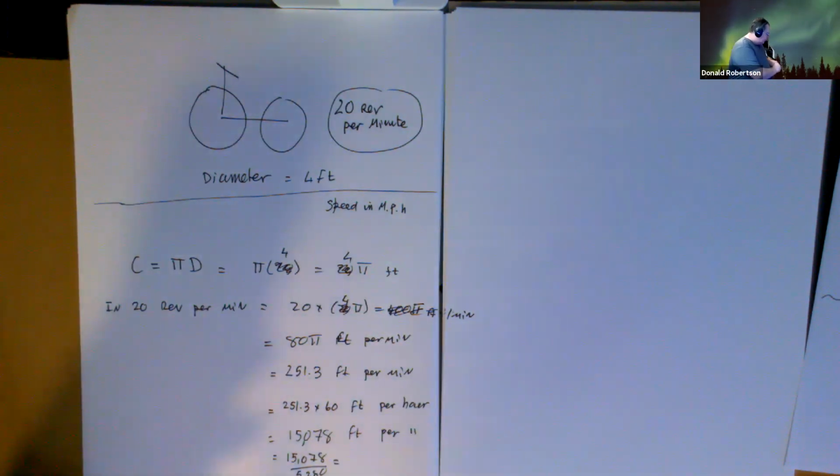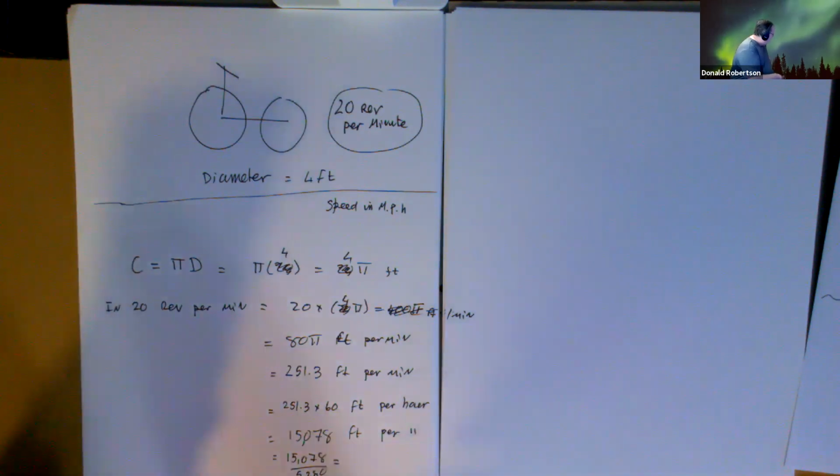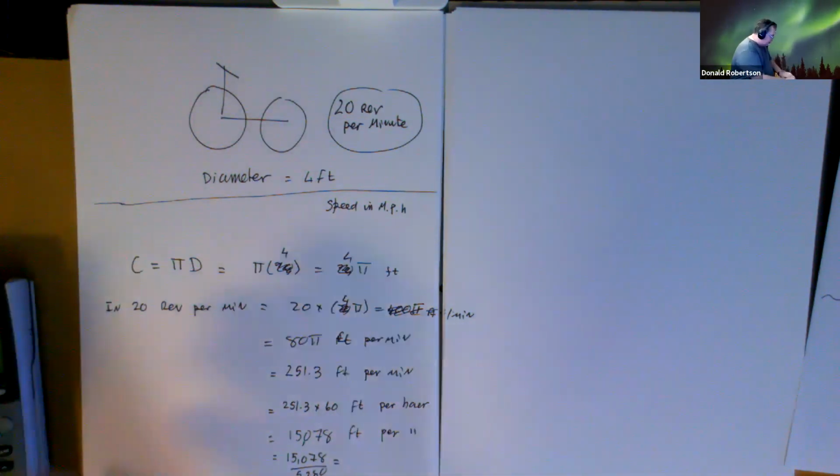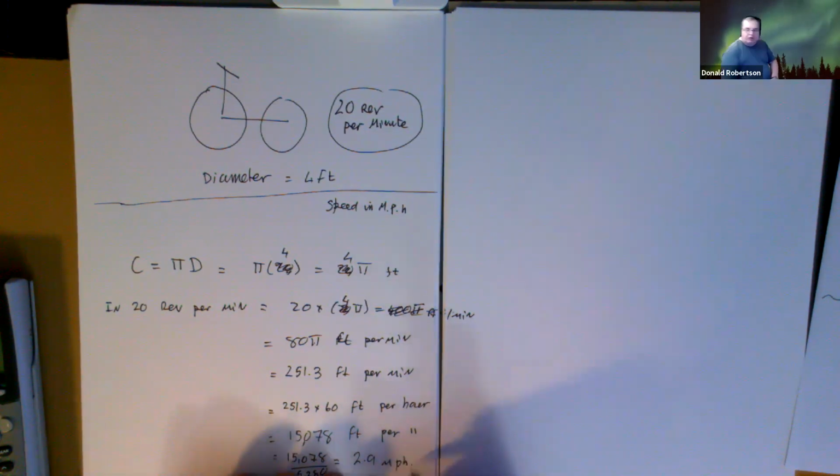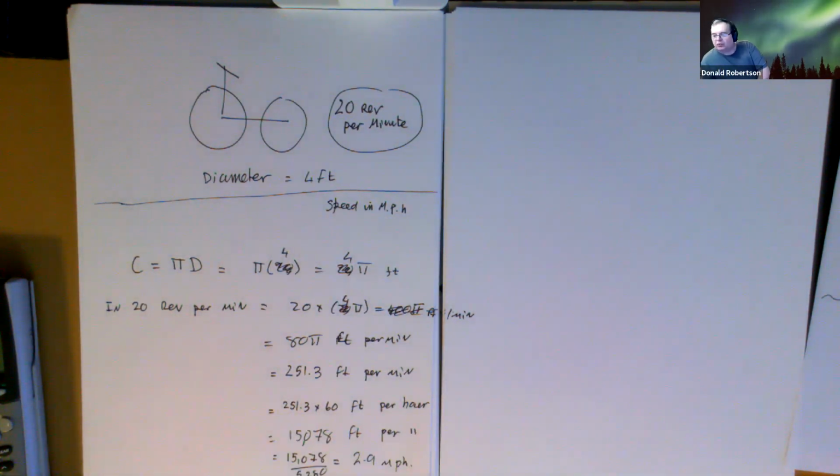So here it goes. 15,078 divided by 5,280, and we are looking at approximately 2.9 miles per hour. So it was a very leisurely cycle.